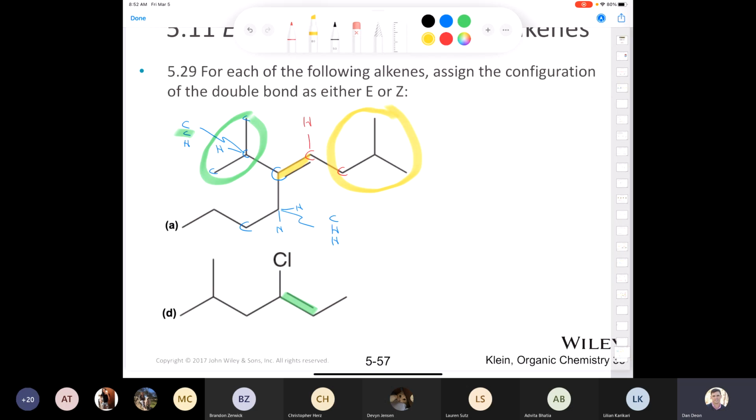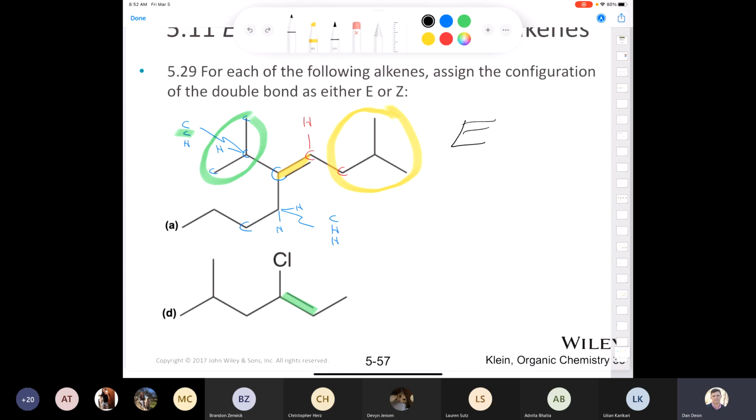And it's not a trick. Yeah, thanks, Skylar. It's an E alkene, absolutely. Why? Because the two highest priority groups are on opposite sides of the double bond. One is on this side, and the other one is on this side. So we can call this X, and we can call this Y, like that. Okay? All right, there we go.